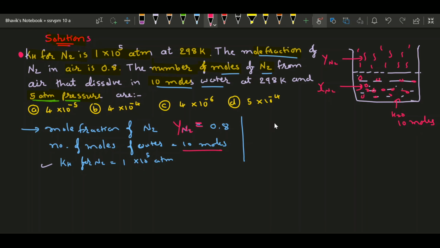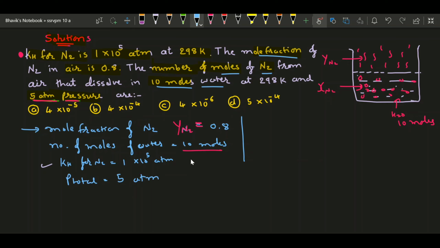In this 10 moles of water nitrogen is dissolved, and we need to find out the number of moles of that nitrogen. And one more thing is given here, it is 5 atmospheric pressure. So P total, I can write it here, is given as 5 atm.